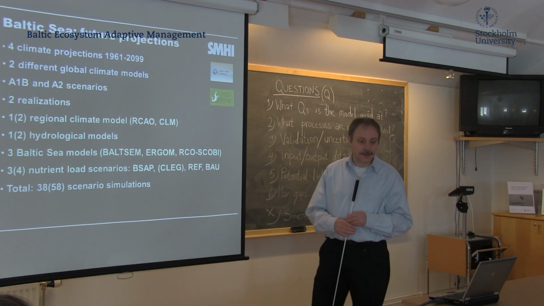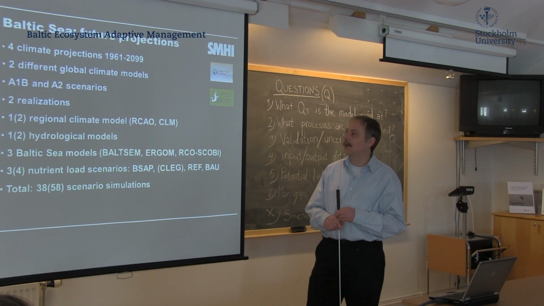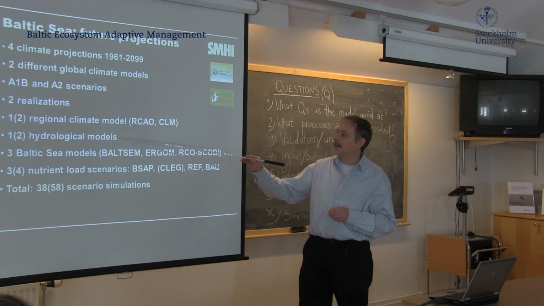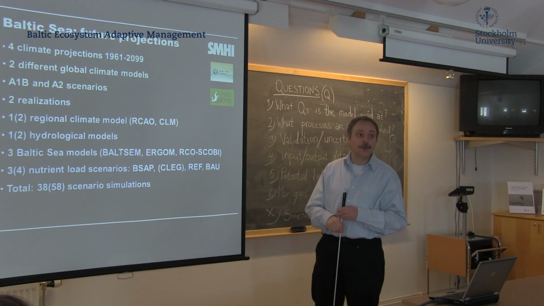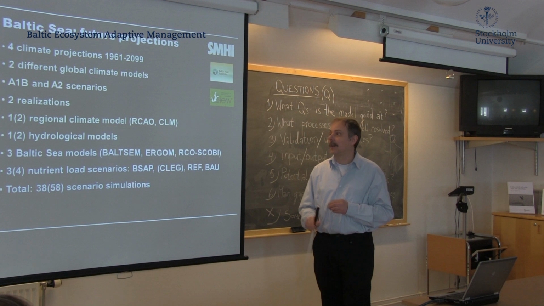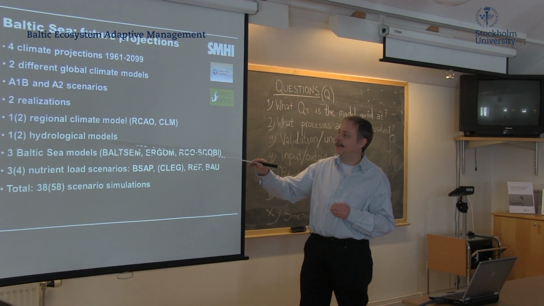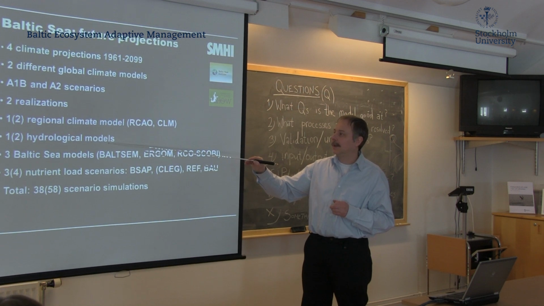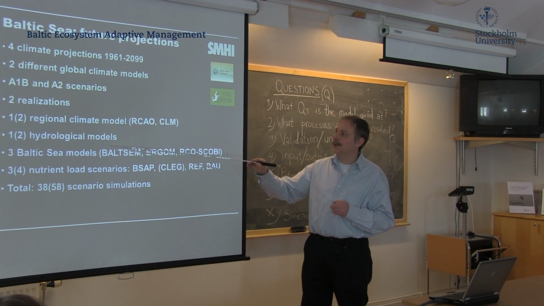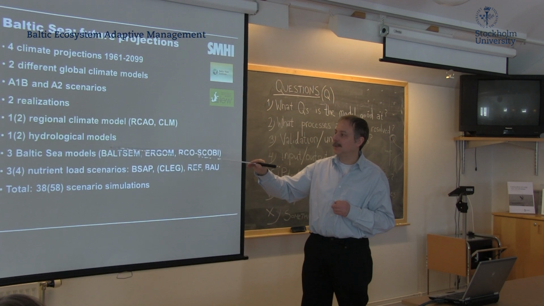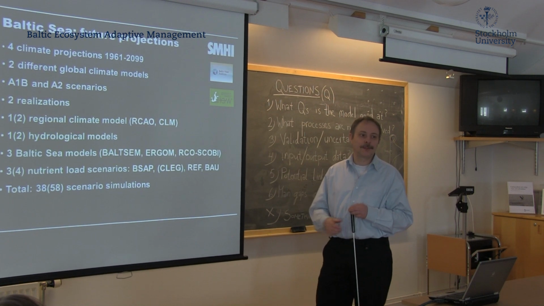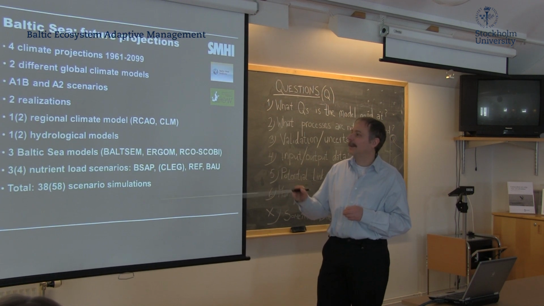So, for instance, regions in the north will be used in the future that cannot be used for agriculture today. And these models have at least the same uncertainty as Baltic Sea models, because the processes there are not known as well.